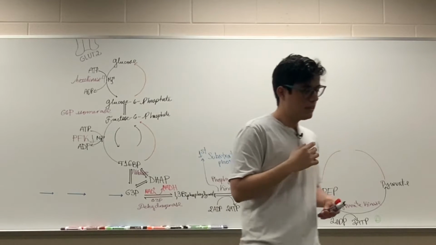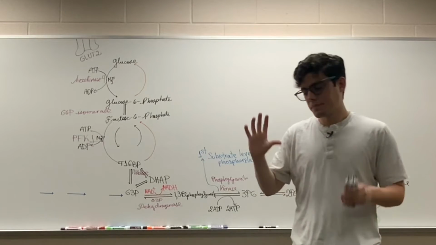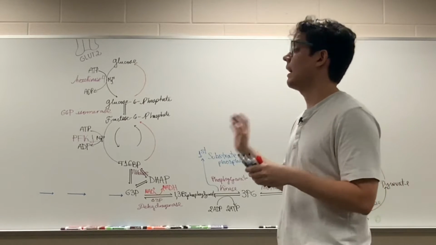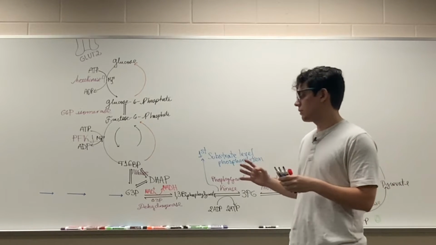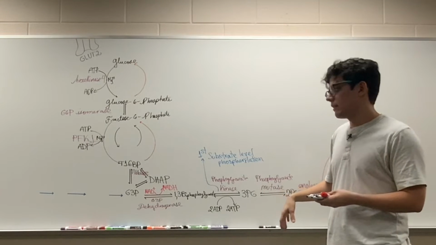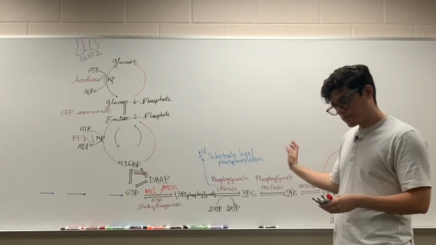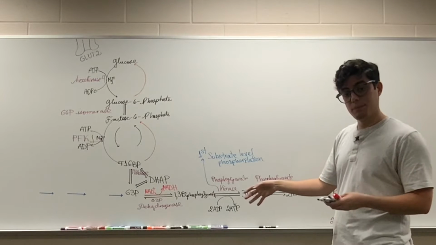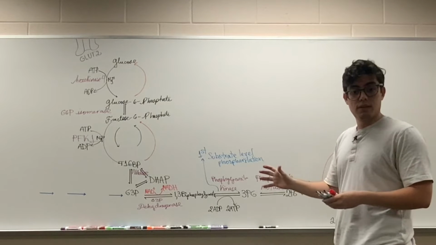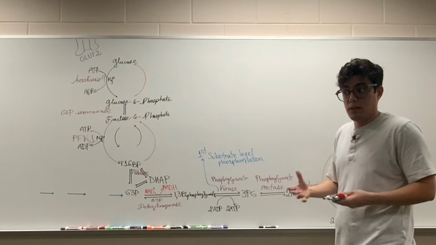Well, remember that red blood cells do not have mitochondria, so they rely solely on anaerobic glycolysis. So if there is any defective enzyme in the process, there are going to be steps that are not going to be able to happen.